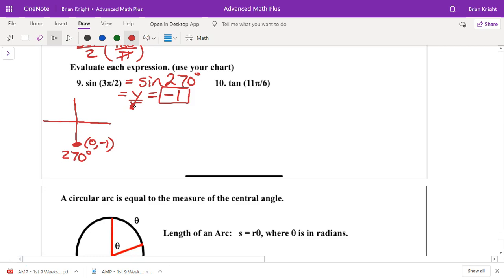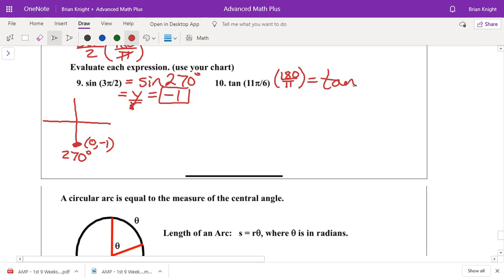Okay? Any questions? Same thing, like I said, it's just like last chapter, only it's giving it to you in radians. All right? What about 11 pi over 6? If I multiplied it by 180 over pi, what would that give me? Tangent of what? Is it 330? Yes.